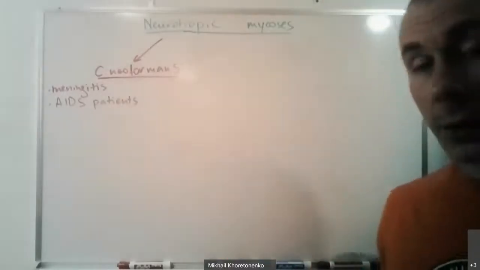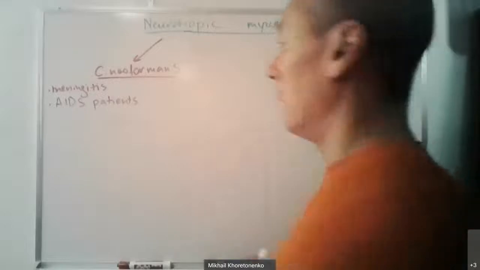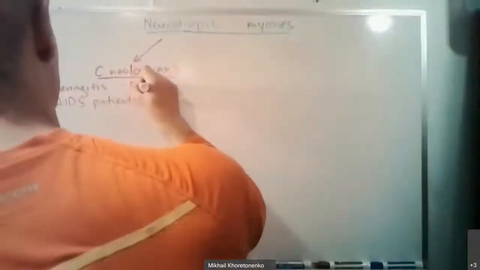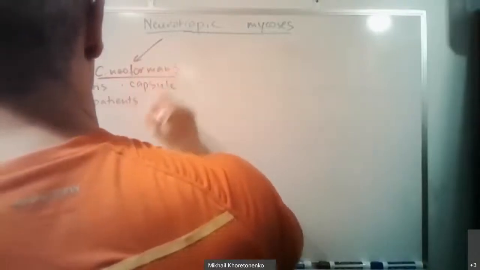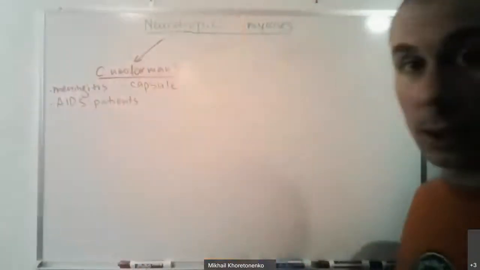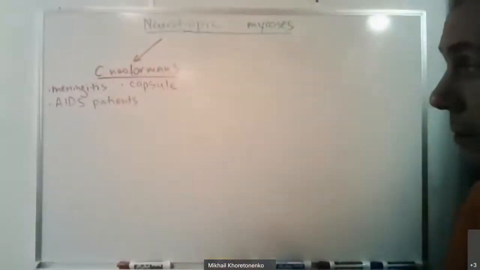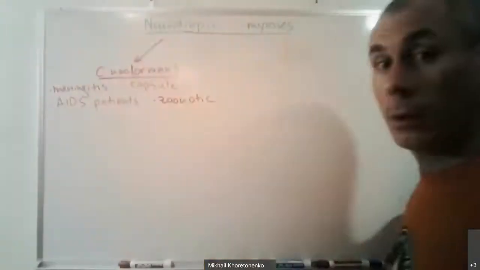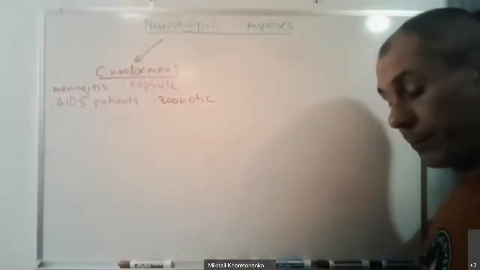The virulence factor that contributes to this infection being really hard to treat is a capsule, which protects cryptococcal cells from phagocytosis. The infection is zoonotic and can be acquired from bird droppings.